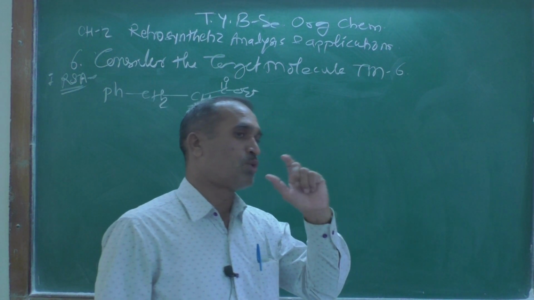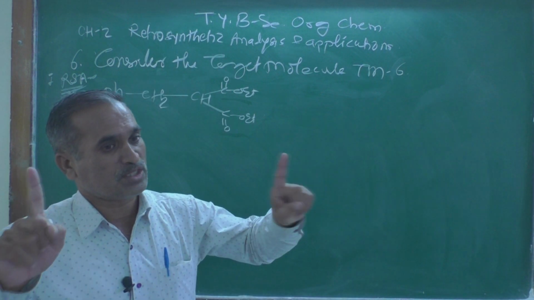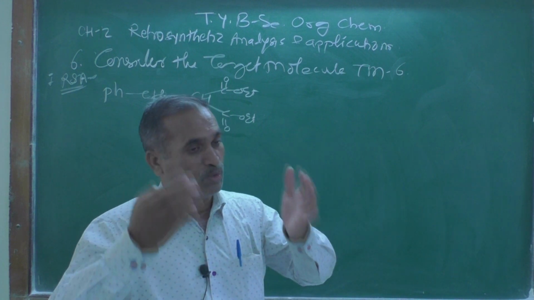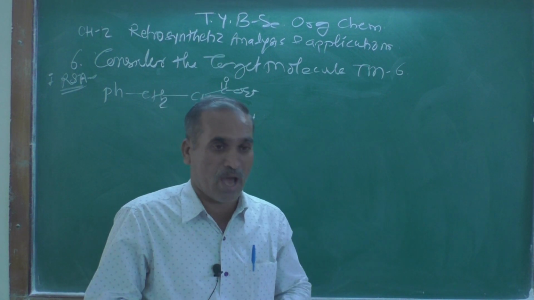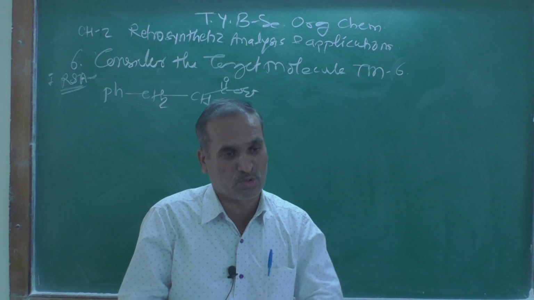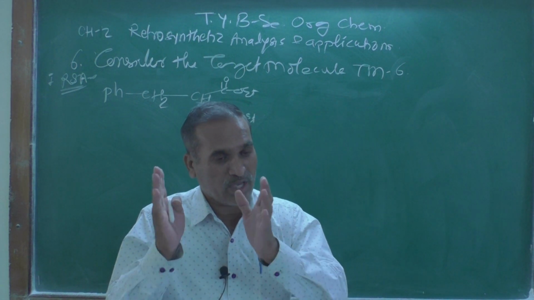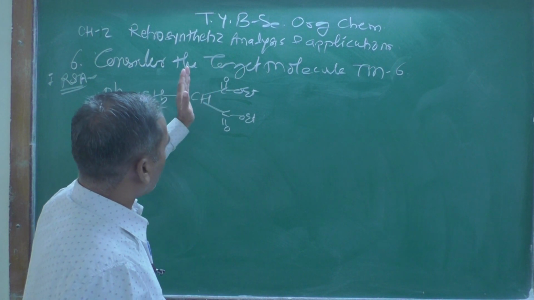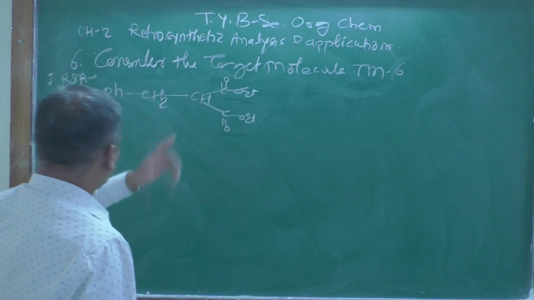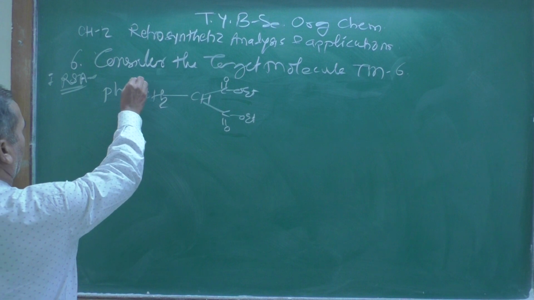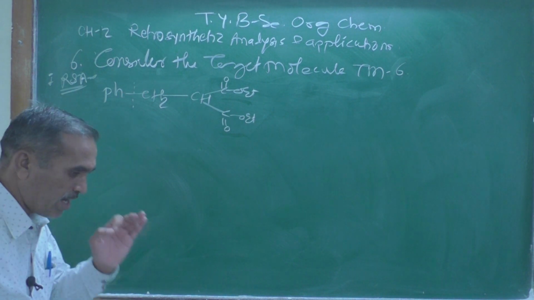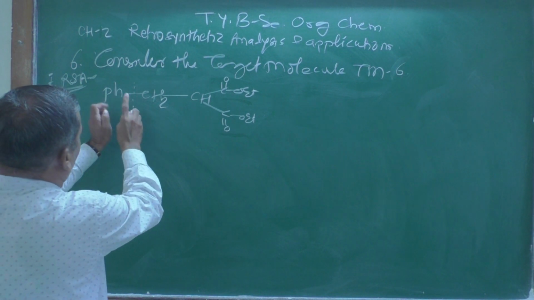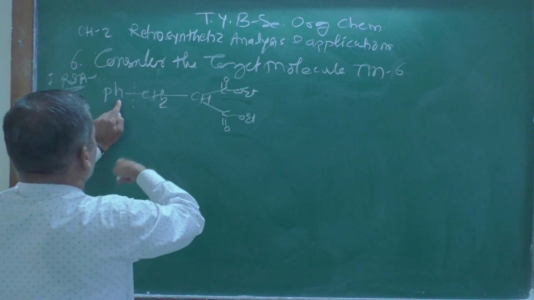We have seen this in the first chapter. We learned two synthetic reagents and their applications, how they are synthesized in the laboratory. Now, if you see here, there are two possibilities I am showing. One, I can break the bond between the benzyl ring and the CH2.